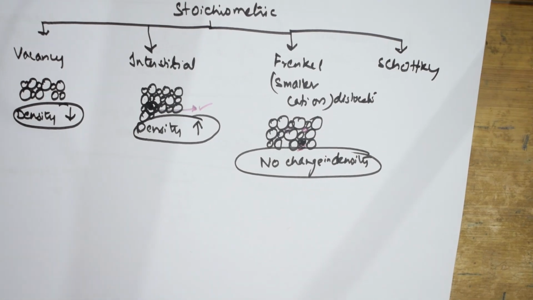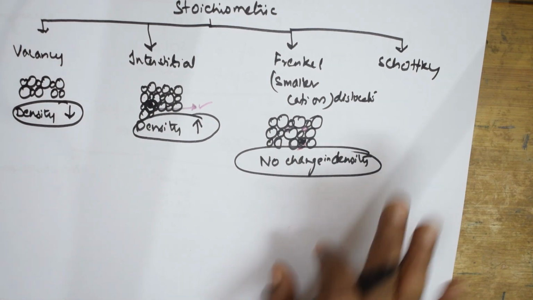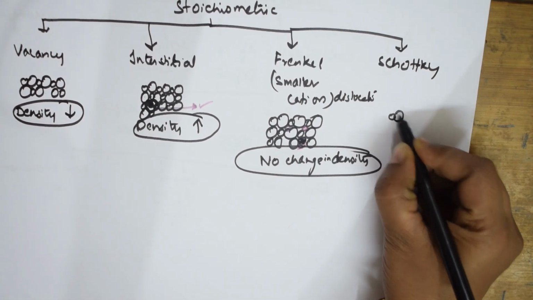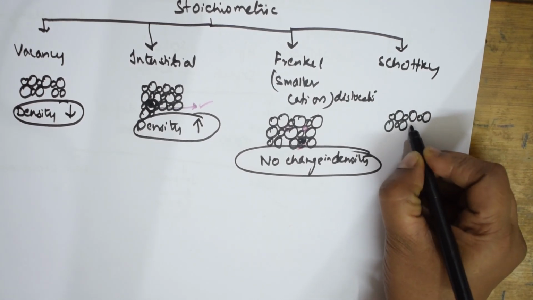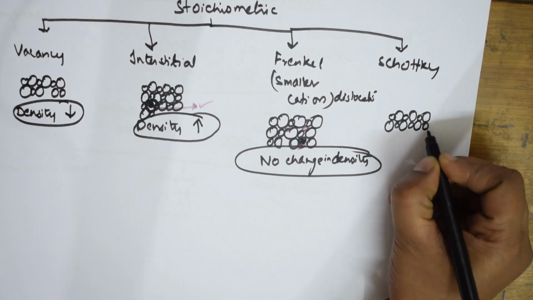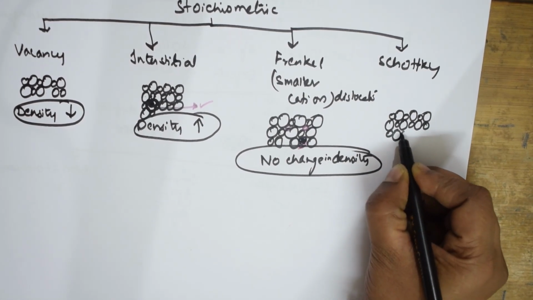Now, Schottky. In Schottky, what will happen when lattice sites are vacant? One of the lattice sites is vacant. Suppose cation, anion, cation, anion in rows, smaller and bigger.